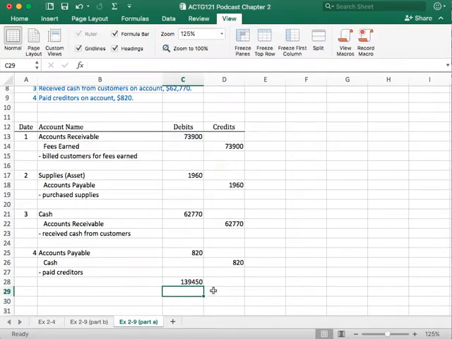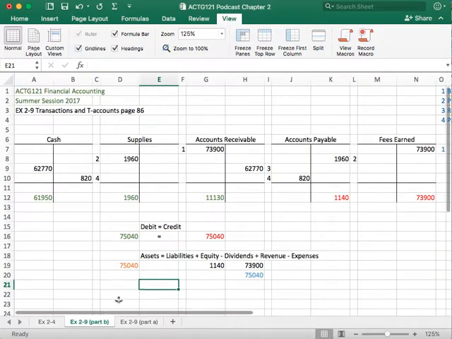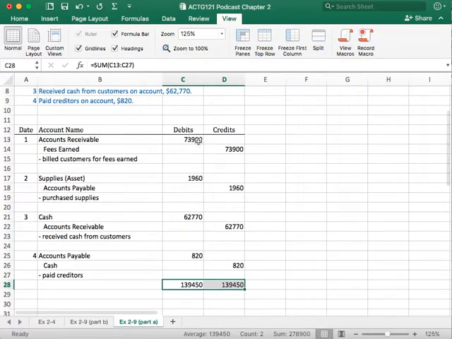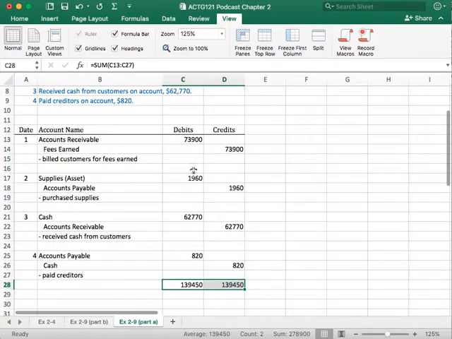So total debits 139,450. Total credits 139,450. Now you might be thinking to yourself, well, Lenore, why aren't those numbers the same as these numbers? And the reason for that is we're adding up all the debits. In this one, we only added up the debit balances. So that's the reason why the two numbers are not the same, but all our debits equal all our credits.